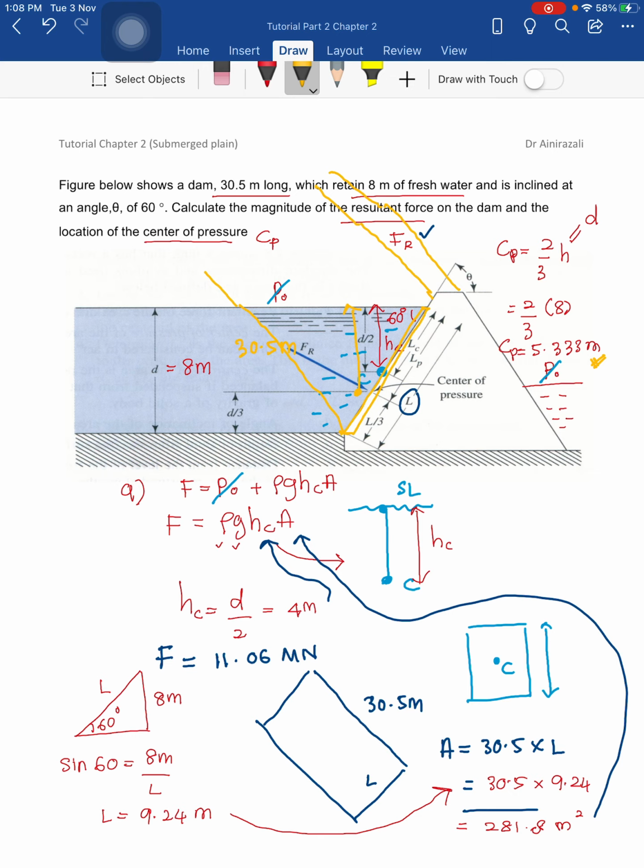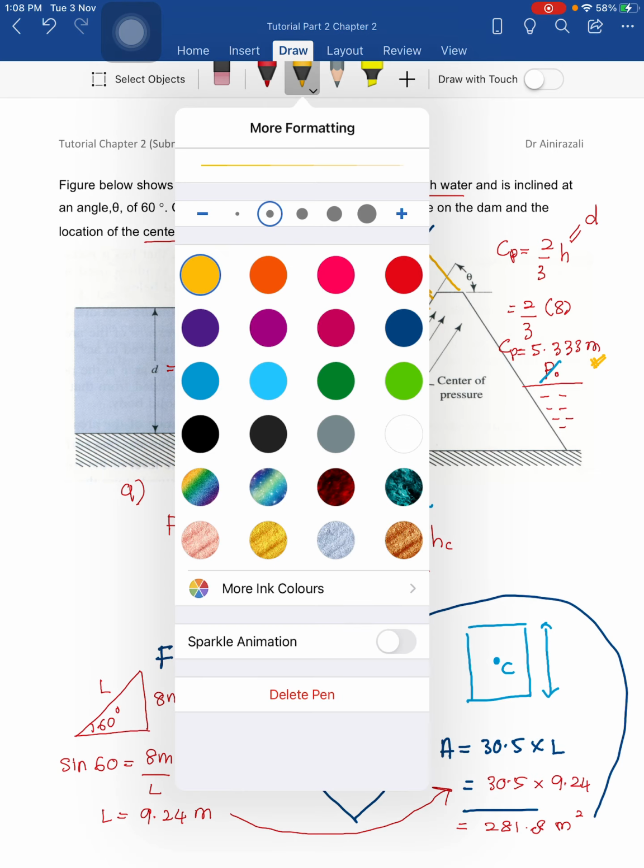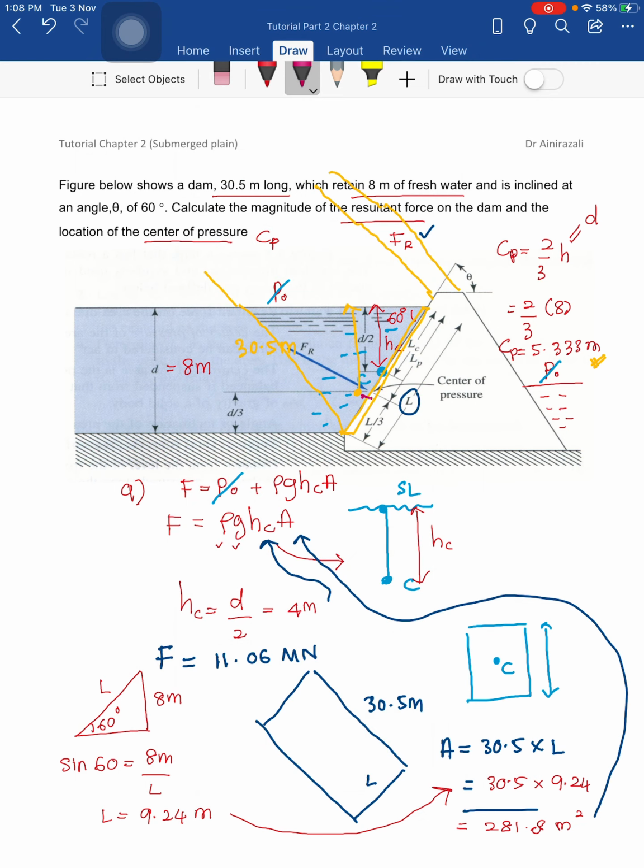But you have to calculate the value of YR from this point also, but with the angle. So the CP equals 2/3 of the length of the object along theta.